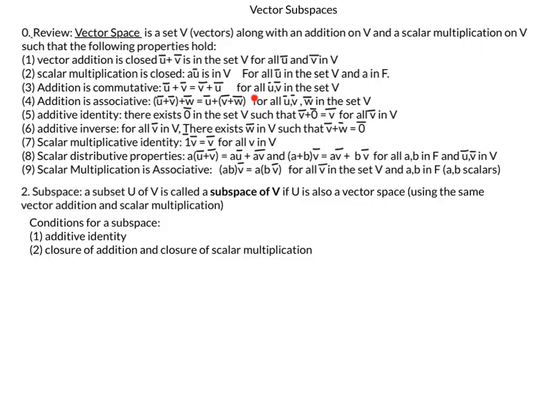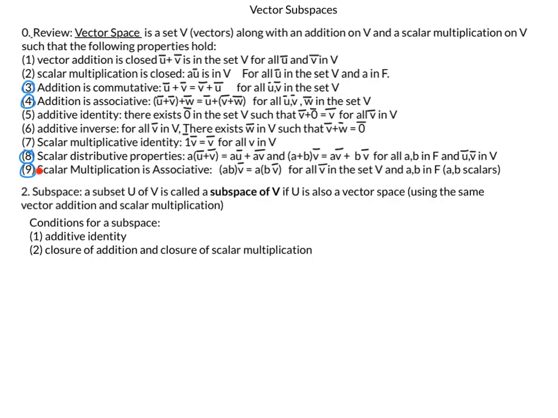And many of these properties have to do with our operations, so they come automatically because V is a vector space. In particular, these 4 properties here: addition is commutative, addition is associative, our scalar multiplication has distributive properties, and our scalar multiplication is associative.